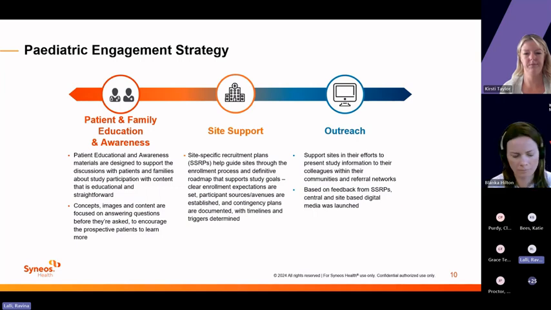These plans are used to understand where the site requires support. And digital outreach via use of vendors, so utilization of social media campaign and utilization of search engine optimization campaign to optimize recruitment for the study based on the feedback from the site-specific recruitment plans.